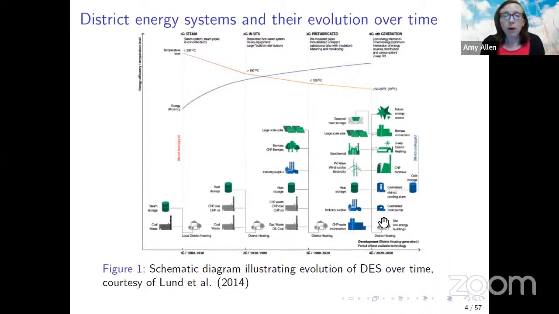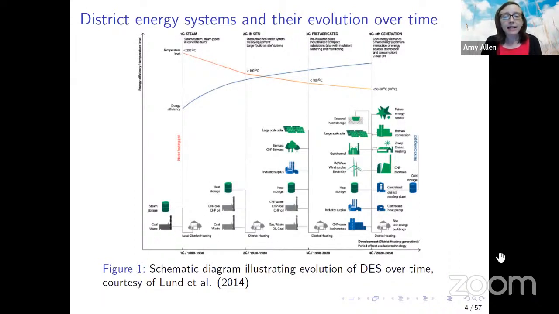As many of you are probably familiar, district thermal energy systems have evolved over around 150 years from early systems using steam to supply heating to dispersed buildings.